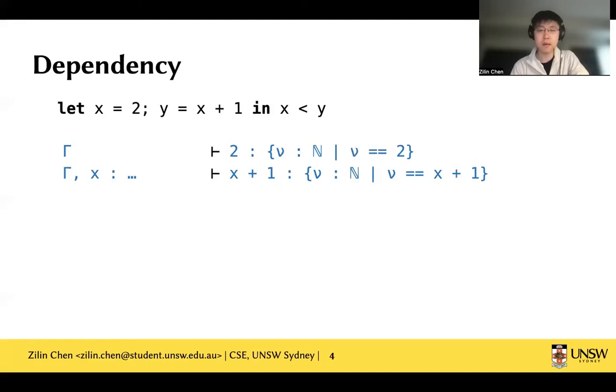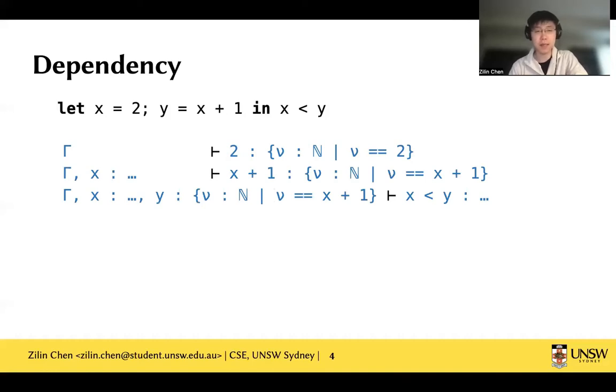And the inferred type, nu equals x plus 1, this type depends on the value of x, which is the variable in the context. Coming to x less than y, the context is further extended with y, whose type, nu equals x plus 1, depends on a variable in an earlier entry of the typing context, which is x.